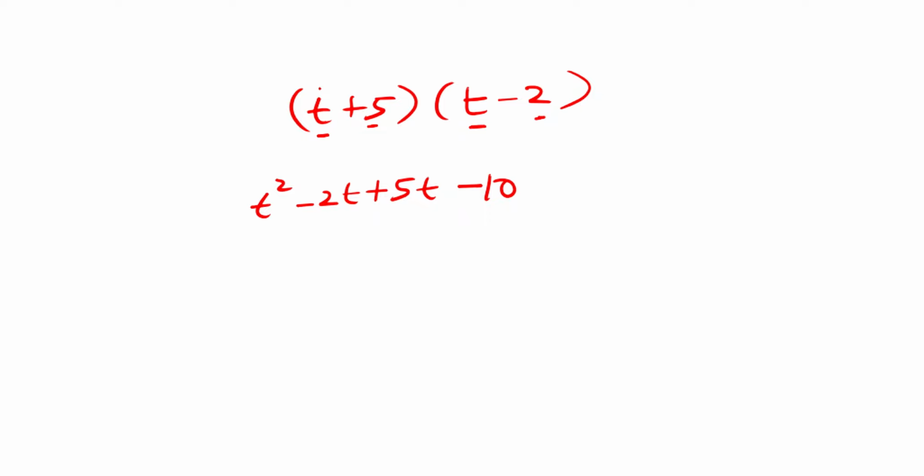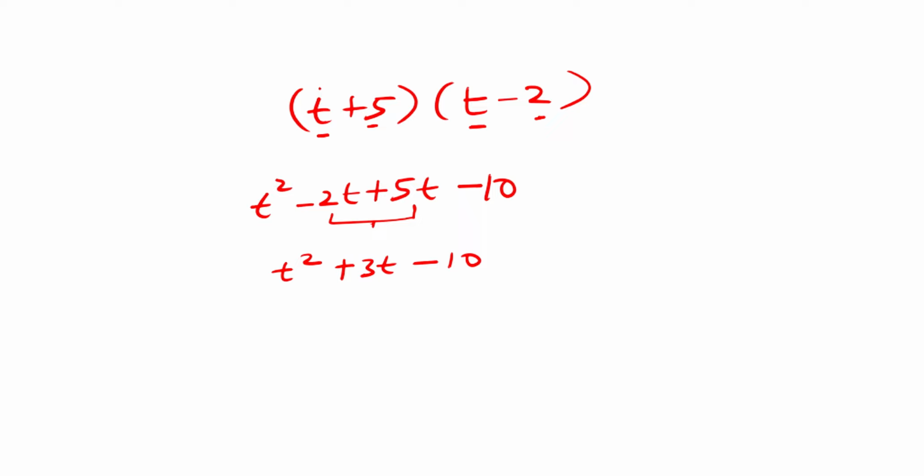So now we have like terms. This and this are like terms. So we can simplify further and make our expression more concise. We are going to get t squared plus 3t. Negative 2 and 5 gives us positive 3, and then minus 10. So that is what we get.